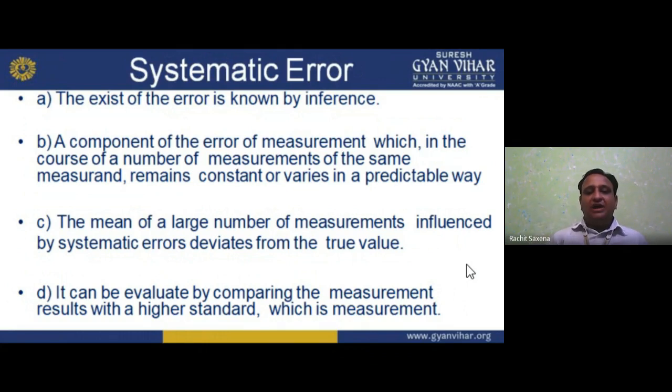The mean of a large number of measurements influenced by systematic errors deviates from the true value. It can be evaluated by comparing the measurement results with a higher standard of measurement.